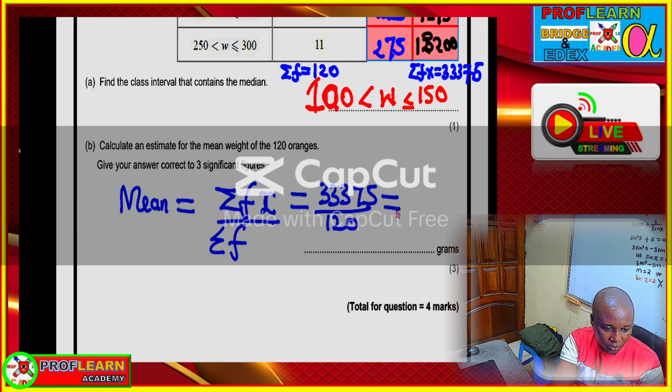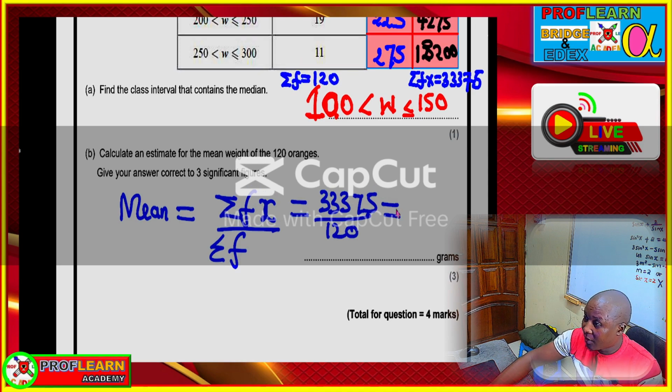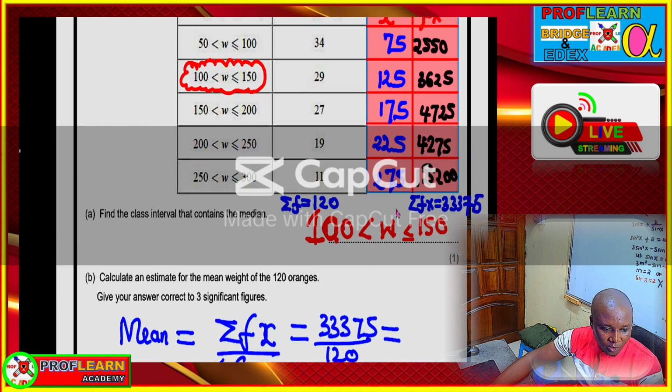Let me just counter check the values that we have here: 2550, 3625, 4725, 4275, and 18,200.